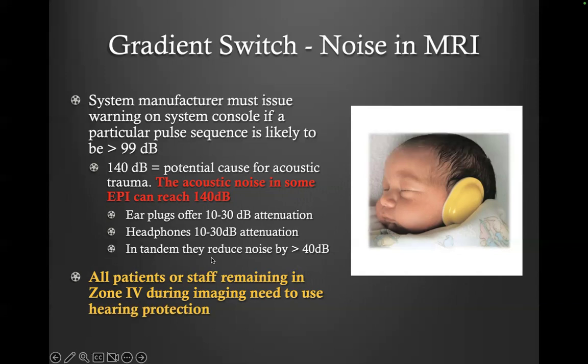Sometimes we offer them in tandem, but usually we do a 30 dB earplug. But you should also know that all patients or staff who remain in Zone 4, the scanner room, during imaging also need to use hearing protection because you are also going to hear this really loud noise.